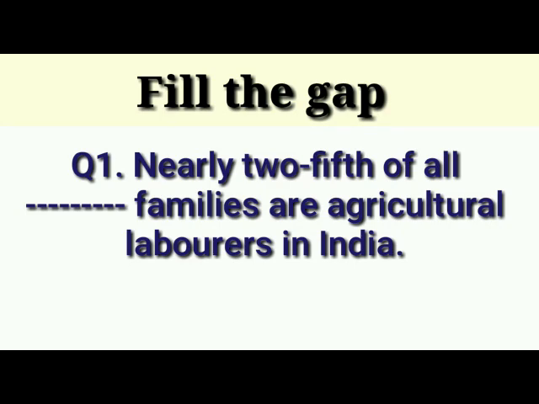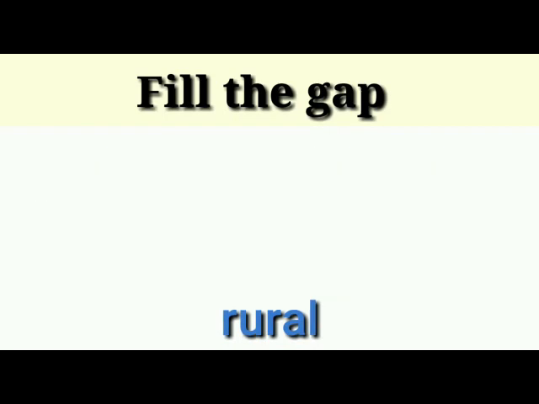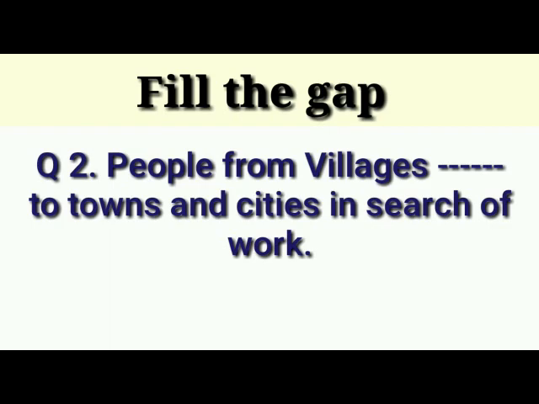Chapter Rural Livelihood. First question is nearly 2/5 of all dash families are agricultural labourers in India. Answer is rural. Rural families are agricultural labourers in India. Next question is people from villages dash to towns and cities in search of work.